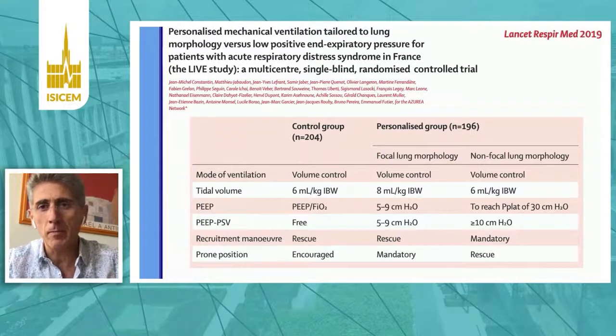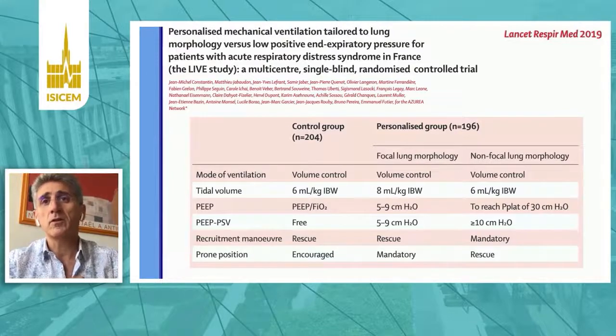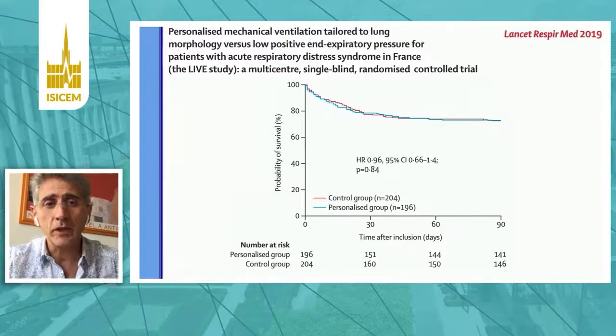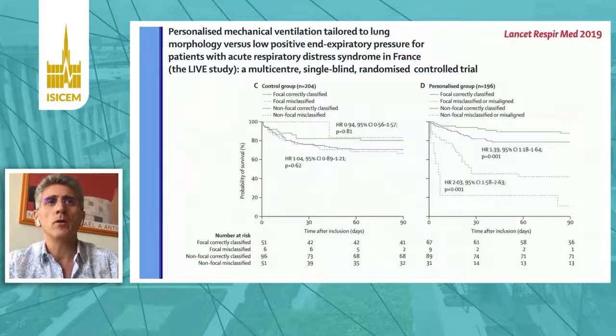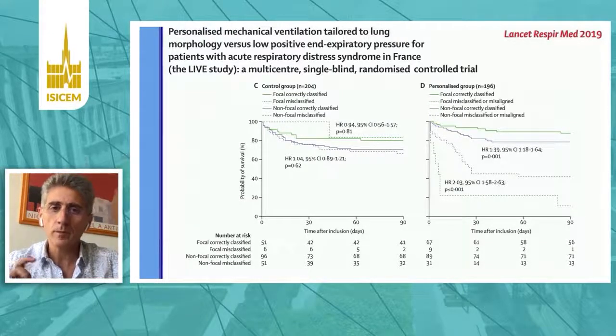As you probably remember, this study ended up being negative in the overall analysis. But looking at a subgroup analysis, taking into account the fact that the patients were correctly or incorrectly classified as compared to their CT scan findings, they could see a benefit of such strategies.